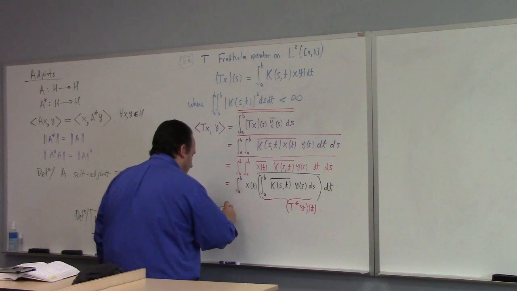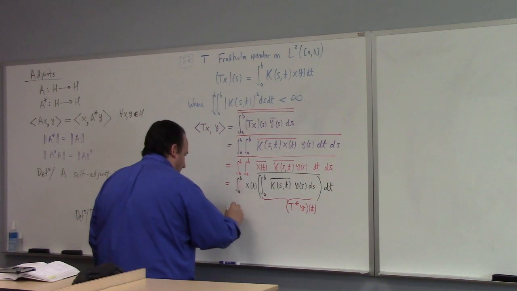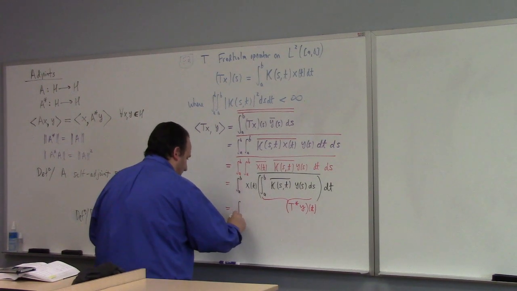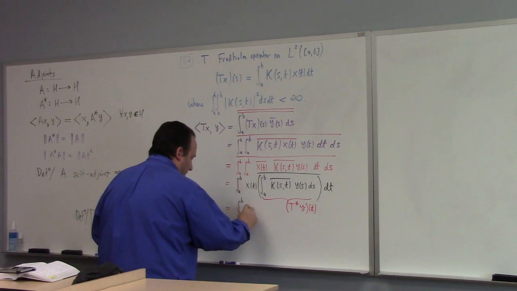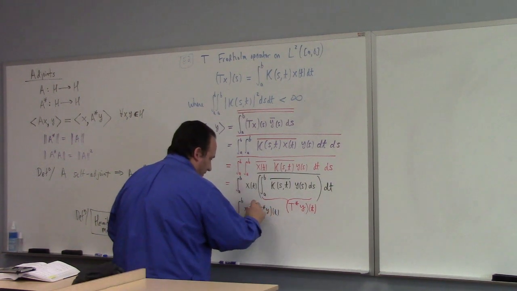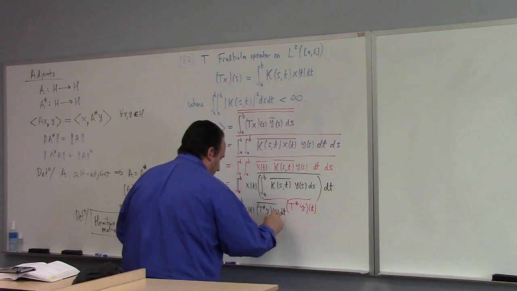So we've got the integral from a to b, x of t, T star y of t conjugate dt.